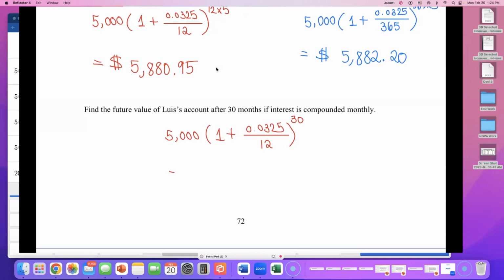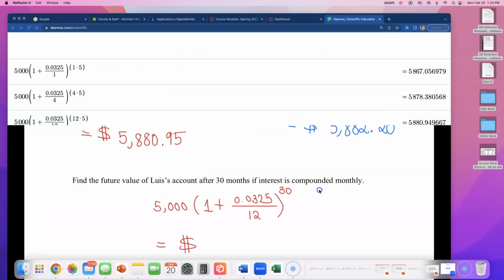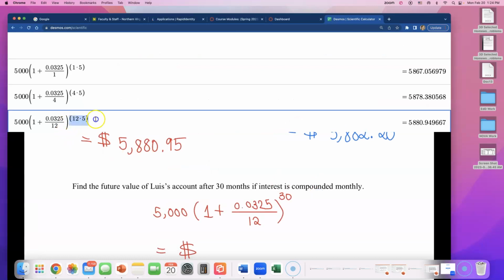So I don't know, this one could be tricky, but the reason we did 12 times 5 was to figure out how many months we have in a 5-year period. If they just give you 30 months, then you use 30 as your exponent. So I'm just going to change this number to 30 over here. Oh, that has to be an exponent.